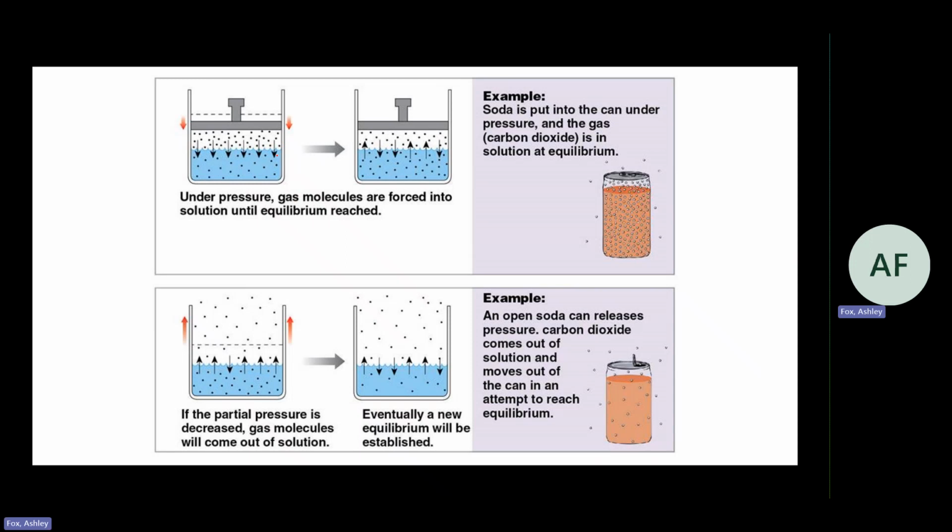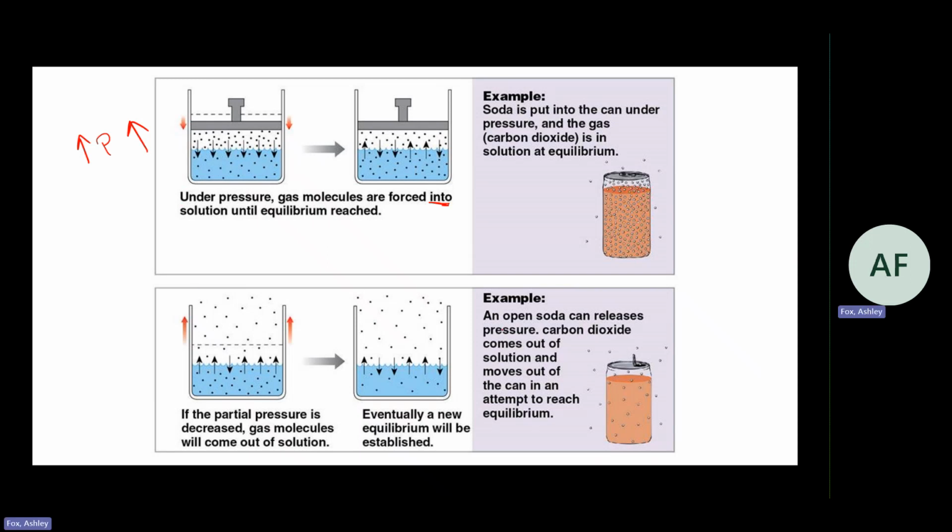So the gas has to be forced into solution, and eventually it'll equalize, but you're going to push the equal amount that's going to be in the liquid to what's in the air in the soda can. So under pressure, gas molecules are forced into solution until you have your equilibrium. Because again, you have higher pressure, then you're going to have higher concentration in that liquid.